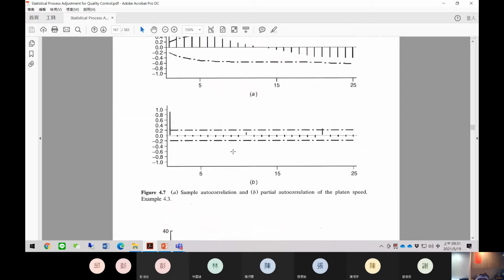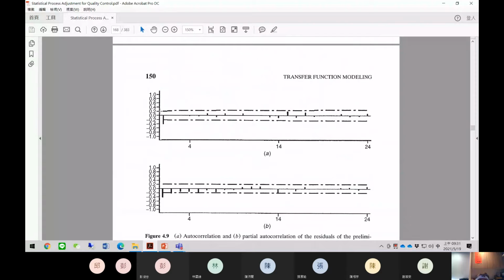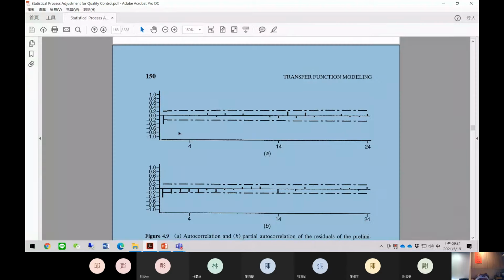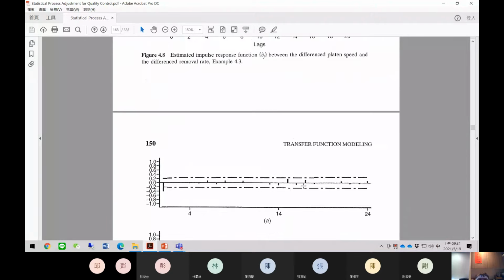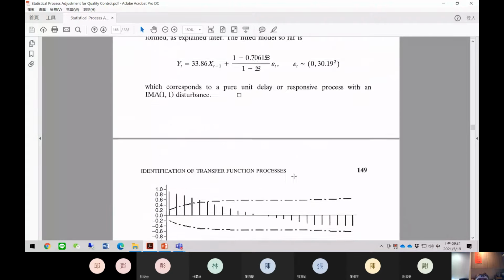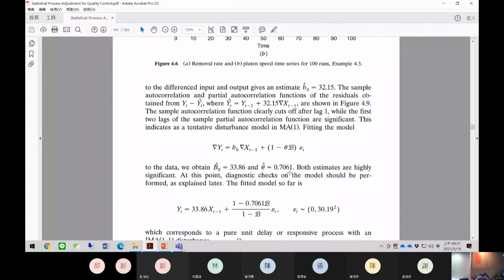So this is a cutoff, and then this is exponentially decreasing. Based upon this type of observation, this indicates a tentative disturbance MA1. So we add the NT as the MA. So this is MA1. Okay.